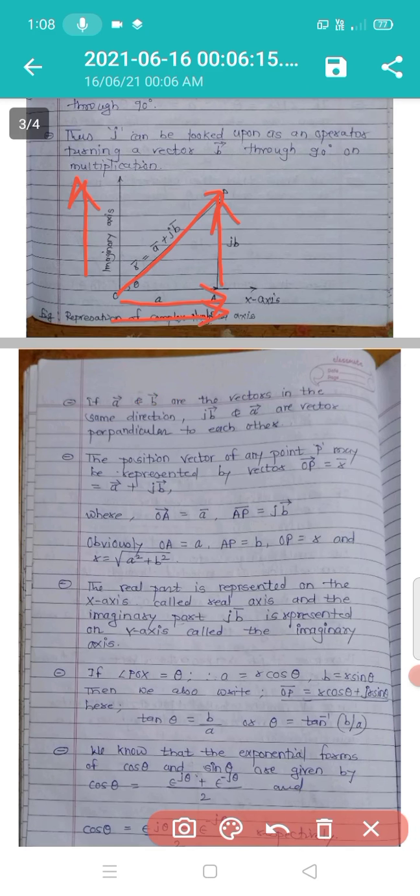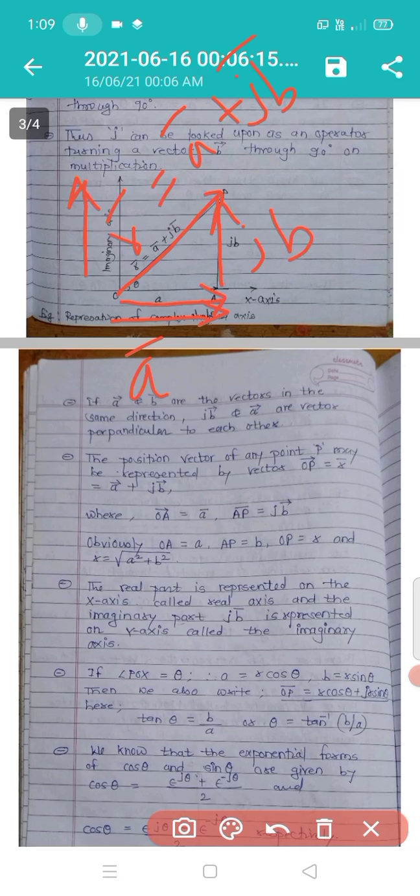The value of OA is a bar, a being the real number, then AP bar is j into b, that is, it has the imaginary number. Then we get OP bar is r bar, that is equal to a bar plus j b bar. Obviously, OA is equal to a, AP is equal to b, and OP is equal to r, and r is the square root of a square plus b square.